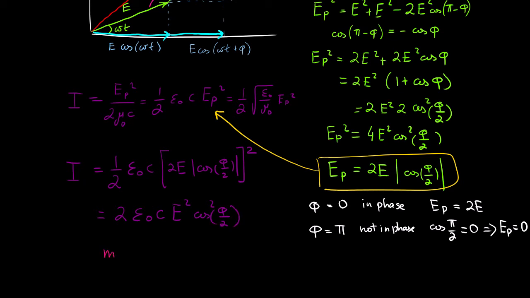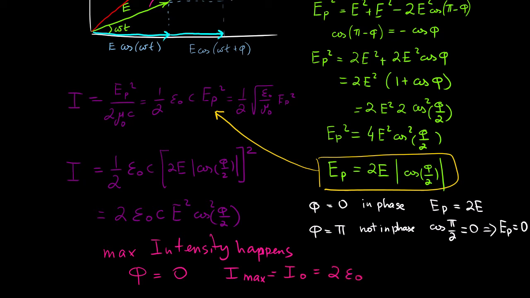Now, maximum intensity happens when phi equals 0. Then I can write I max, we can call it I naught, which equals 2 epsilon naught C E squared.